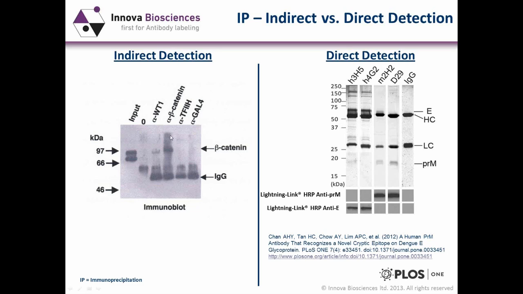It's just a smear, unfortunately. And this is just the input, which shows you where the beta-catenin protein itself migrates through the gel. So again, I was lucky because my beta-catenin protein did not migrate at the same level as the heavy and light chain.